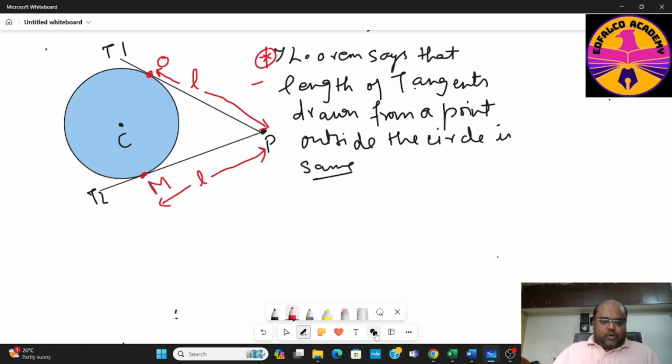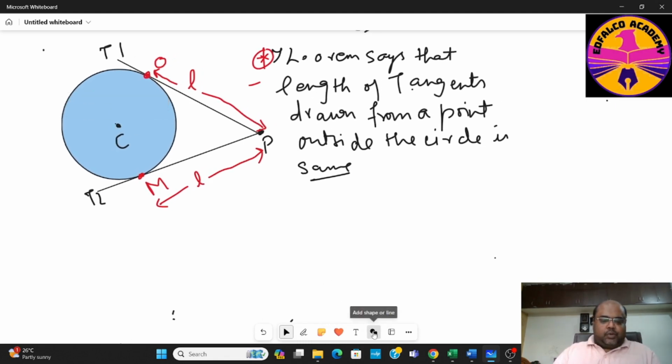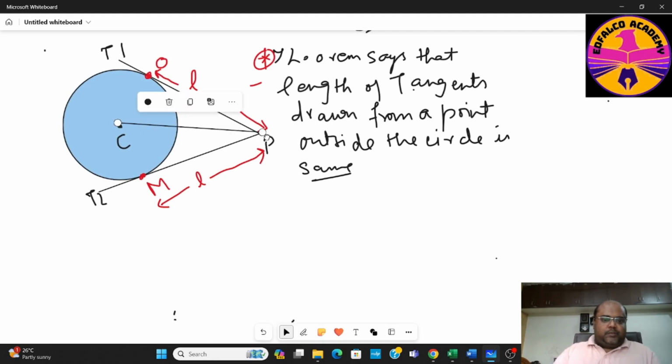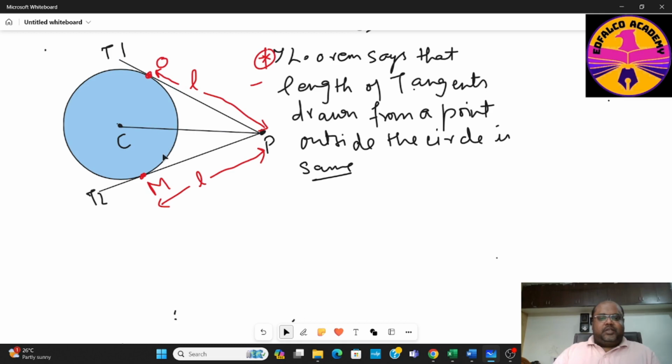In order to prove this, first of all, let's try to draw another line. What type of line? Let's join the center point to this point P. So I got one more line, which is this line PC.